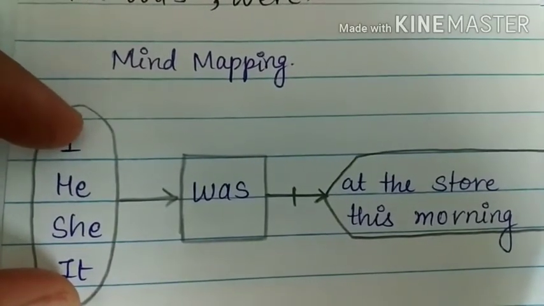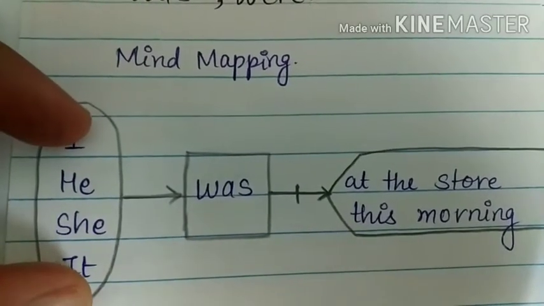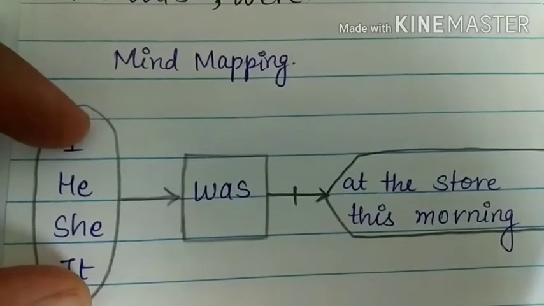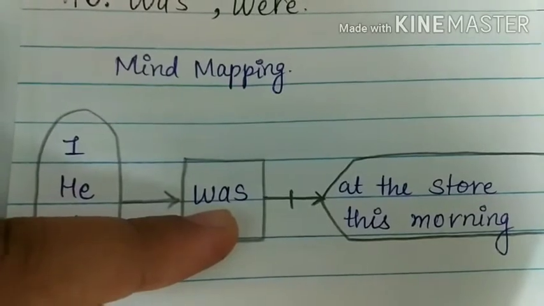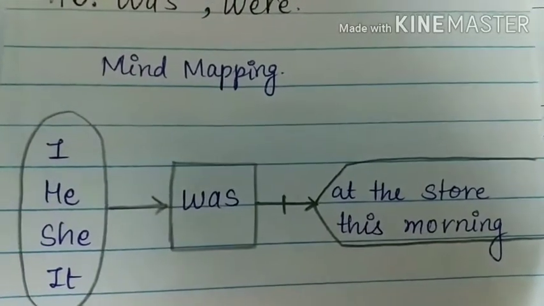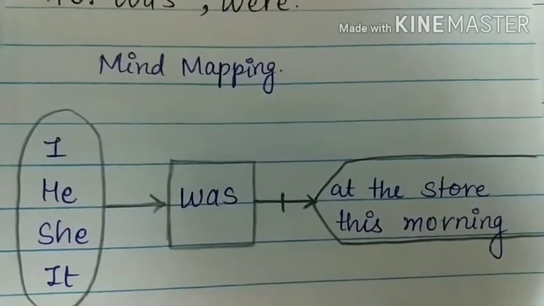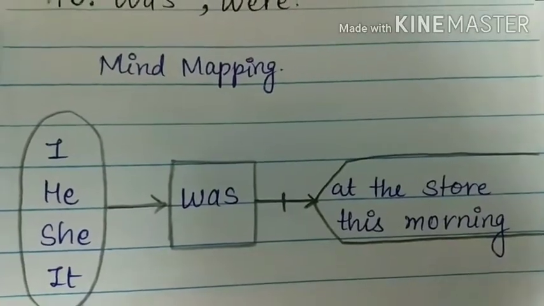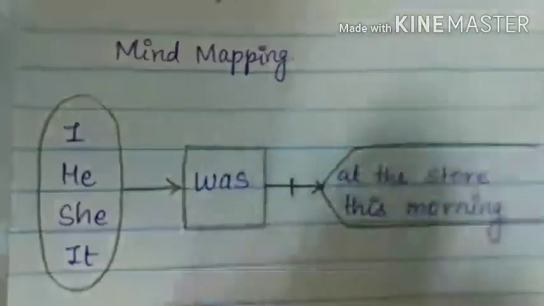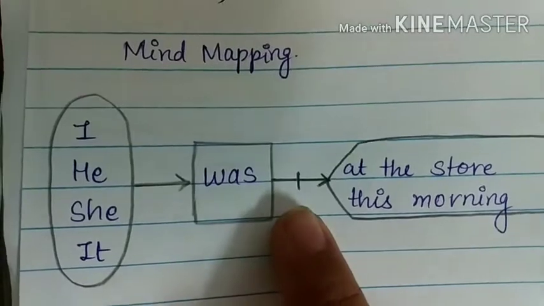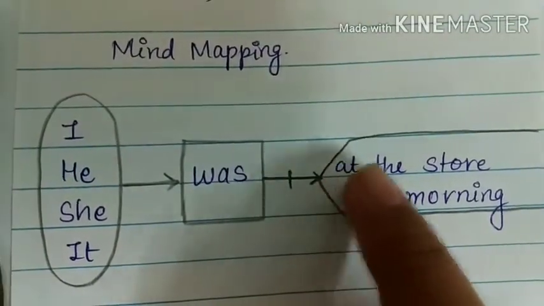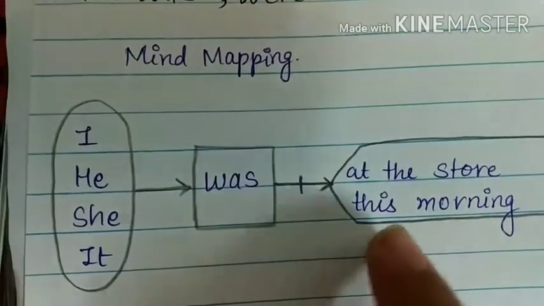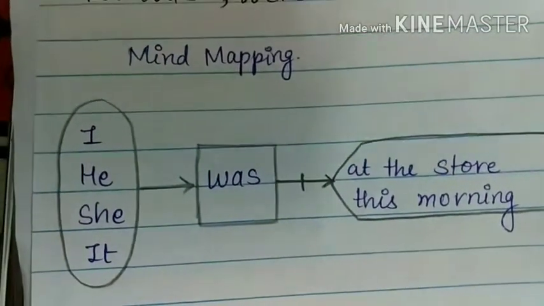These words are singular pronouns and it's used with was. Write it down, was. And then make an arrow like this and give at the store this morning.